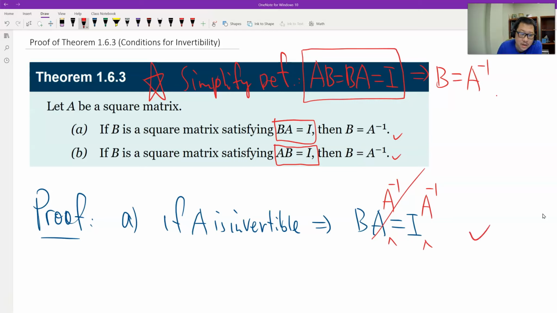Now we need to show why A is invertible.